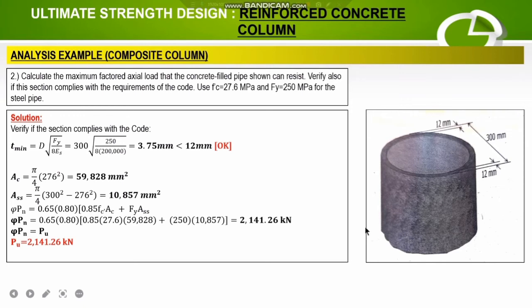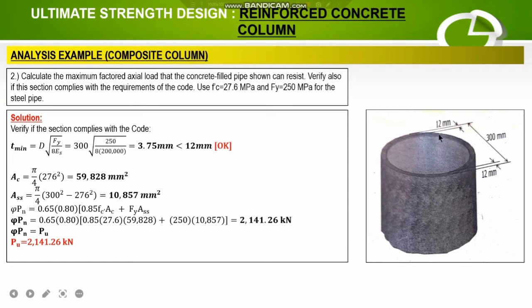So for the given diagram, we have a composite column section. A structural steel shaped pipe is being used, and of course a concrete filled structure inside the structural steel shape.